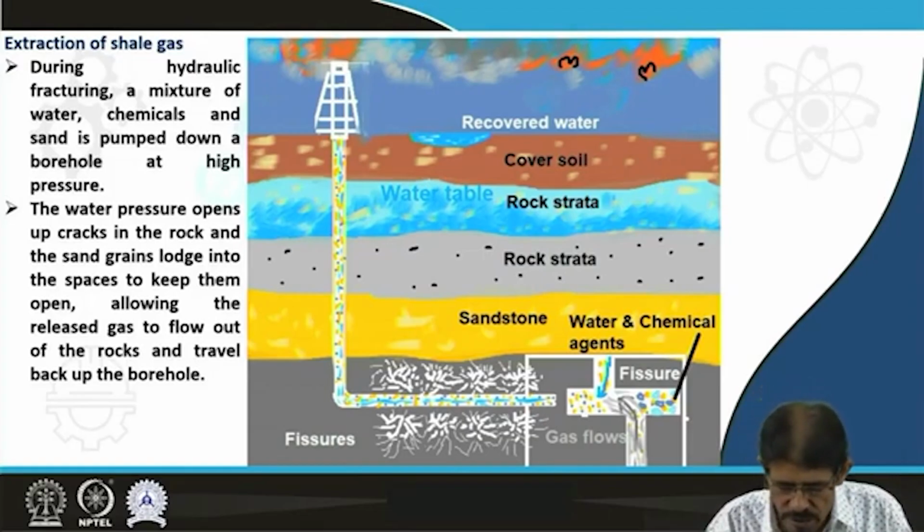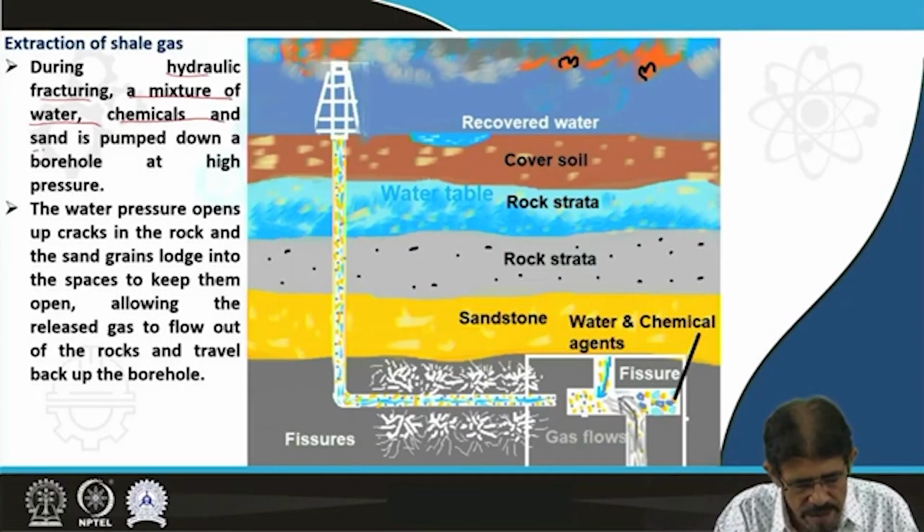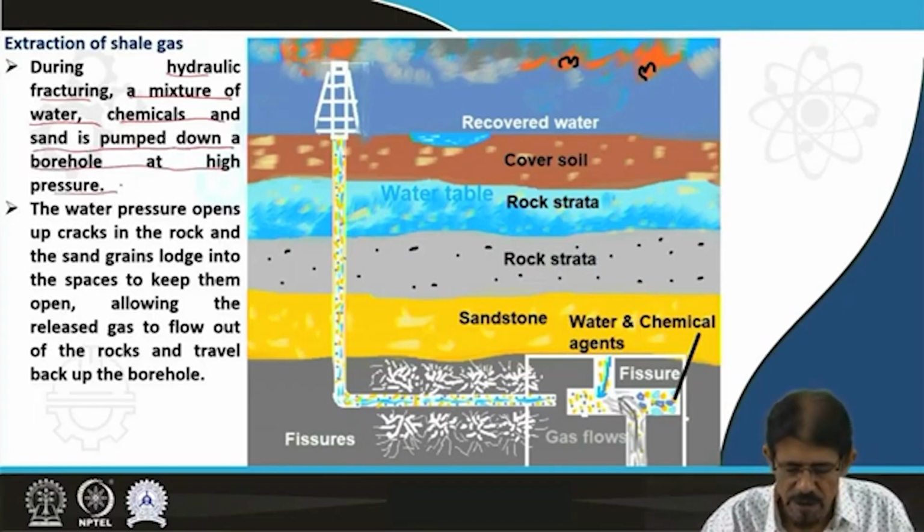You can see here, during the hydraulic fracturing, a mixture of water, chemicals and sand is pumped down a borehole at higher pressure.